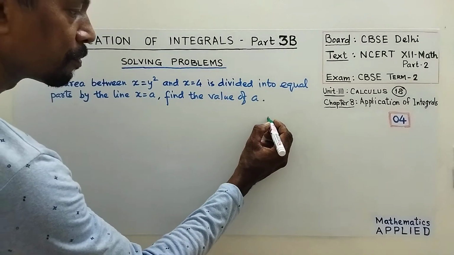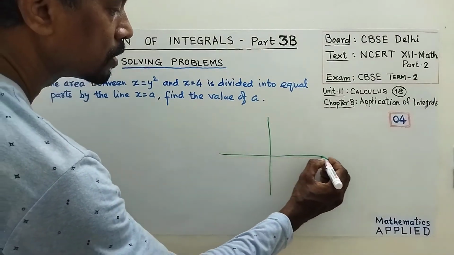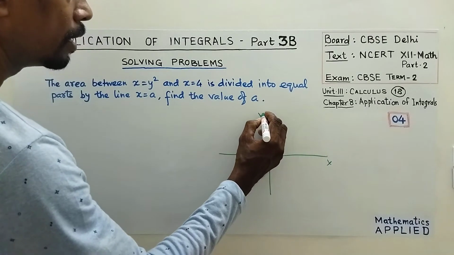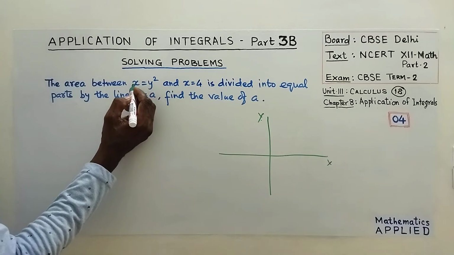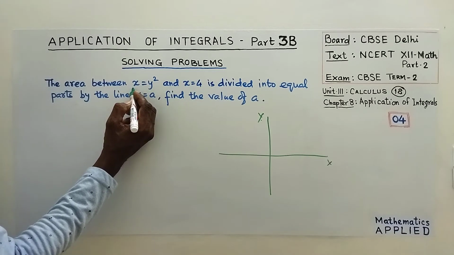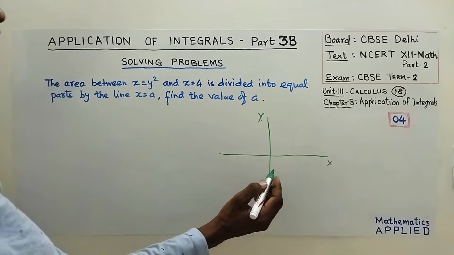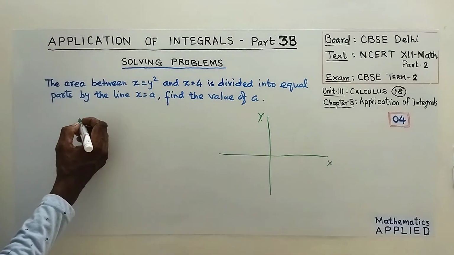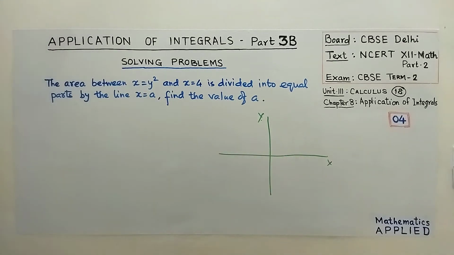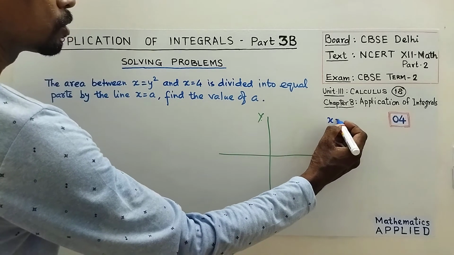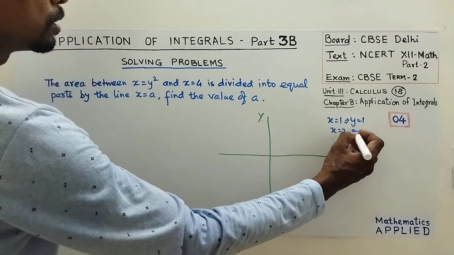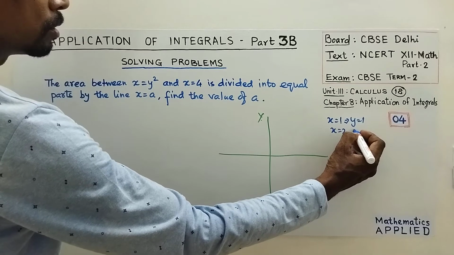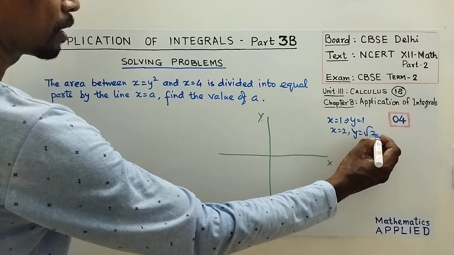So we have the y axis, this is the x axis, and since this equation is x equals y square, that means this is y square equals x, and this is open on the right side. So roughly we will draw it, because the points can be worked out roughly. x equals 1 gives us y equals 1, and x equals 2 gives us y equals root 2, right?